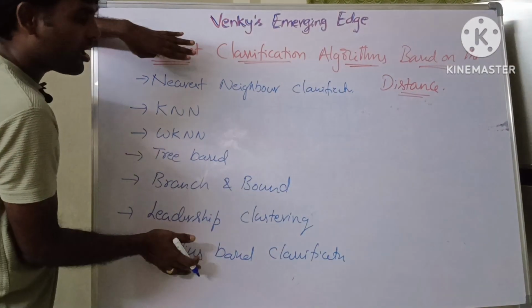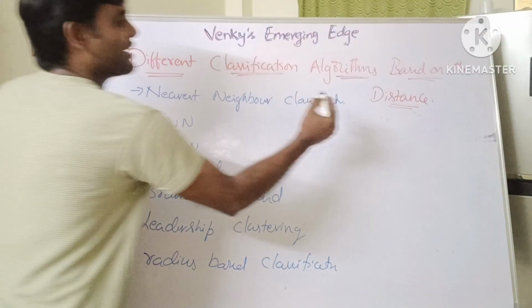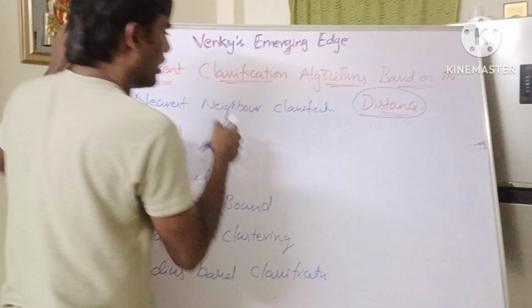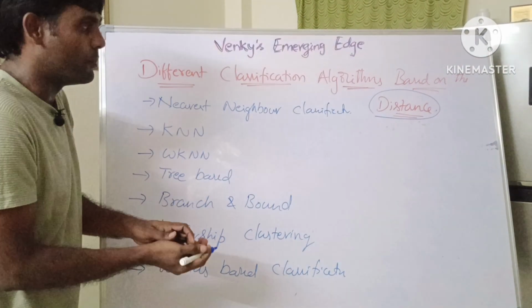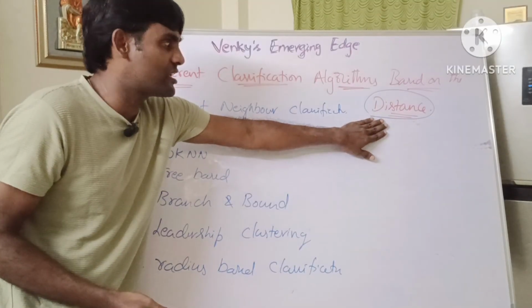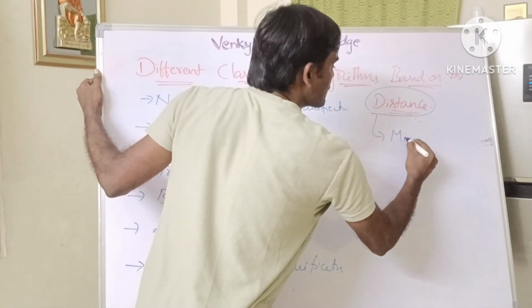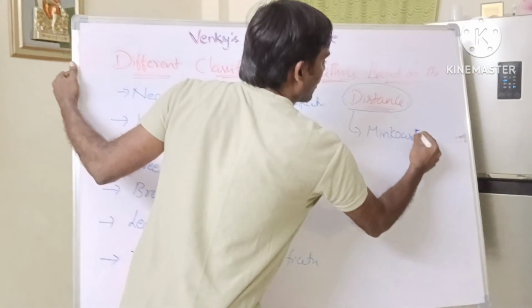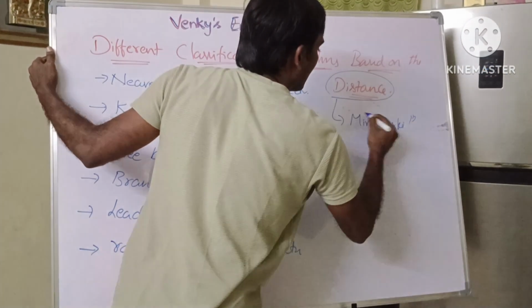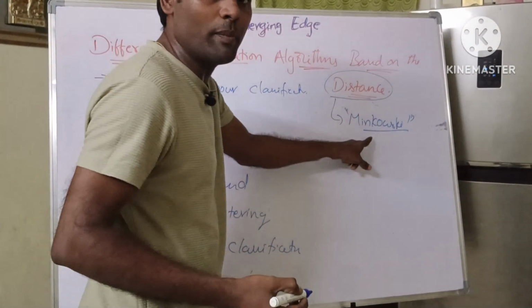So all our main theme is to find the distance. All our classification algorithms are based on distance only. So distance here, we are mainly focused on the Minkowski formula. It is one of the metrics.